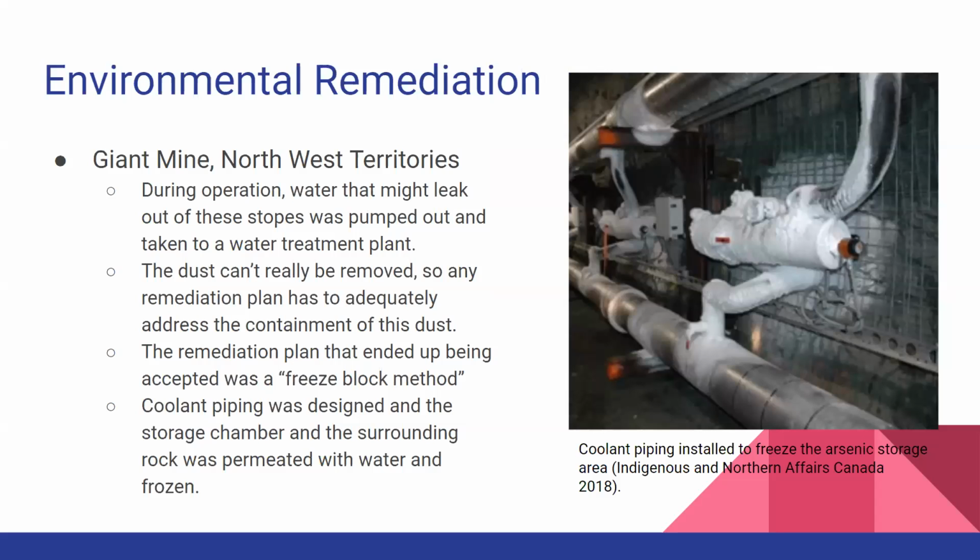And then they froze it. And then they dumped a bunch of water into the chamber and then froze that too. So there's essentially just this giant block of arsenic ice underground in this part of Canada, which is all right.